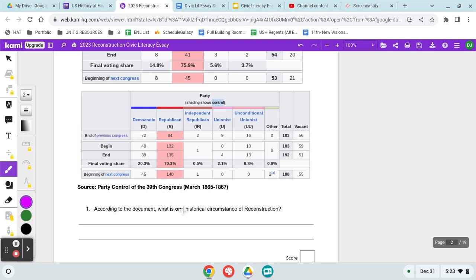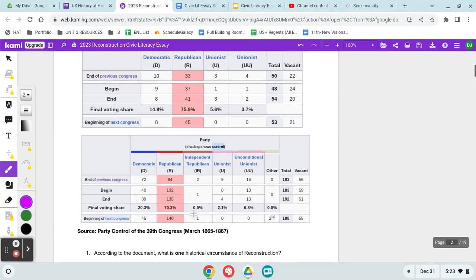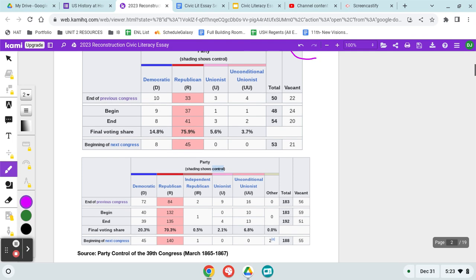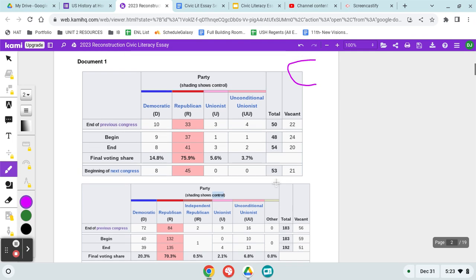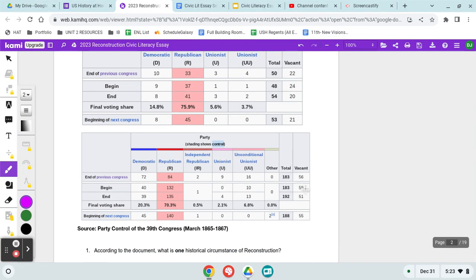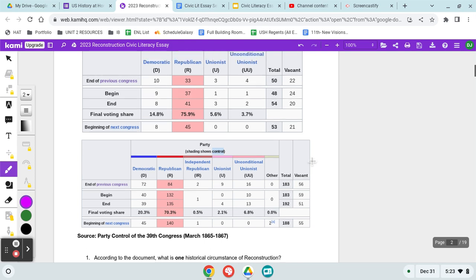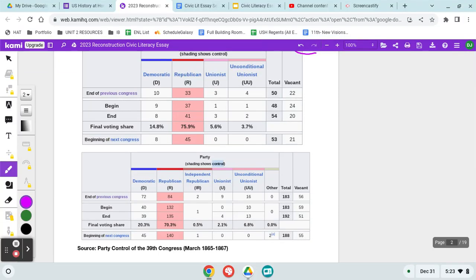And before we identify one of the historical circumstances, I would also want to point out that there are efforts here too. Because, for example, when you look at these vacant seats on the side of the Senate graph and on the side of the House of Representatives graph, you're really showing a major loss of representation for the Confederacy.